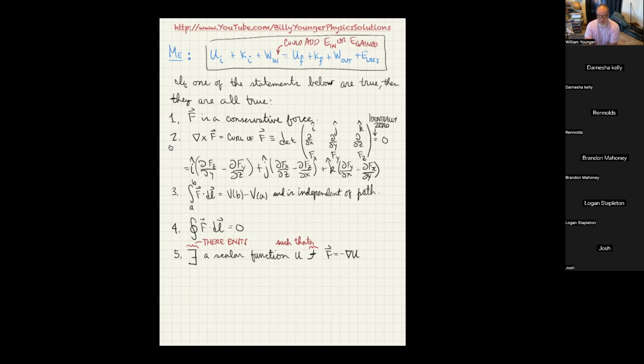We can work completely with that and get answers. But if we ever want to get back to the vector state, all we have to do is take the negative of the gradient of U, and that will give us our force.